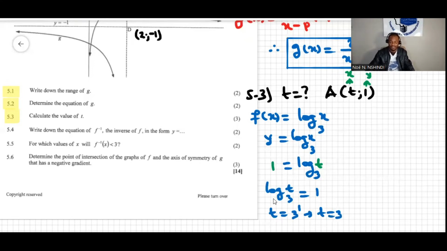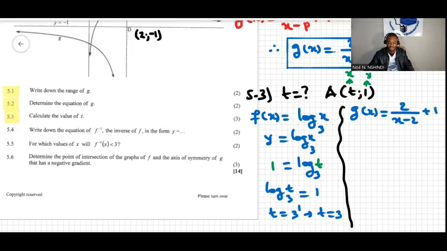So t equal to 3, or else we can also use the equation of the hyperbola to find the value of t, because g of x is given by 2 over x minus 2, minus 1.